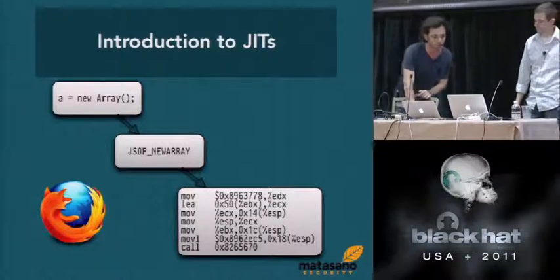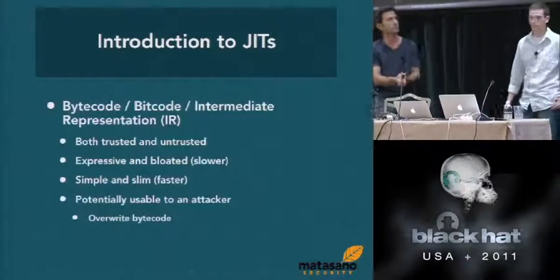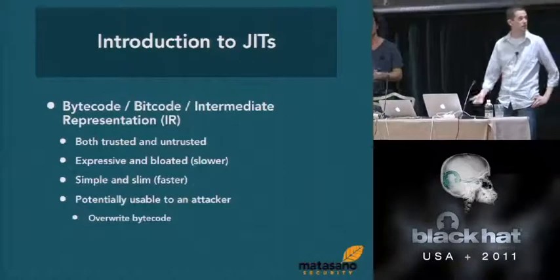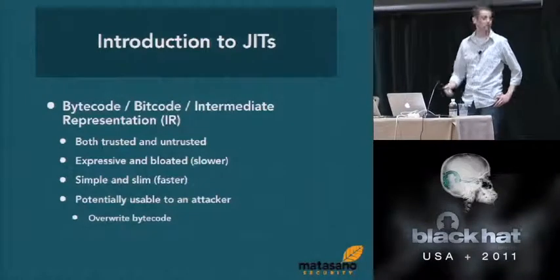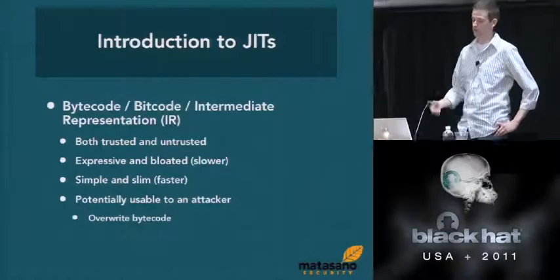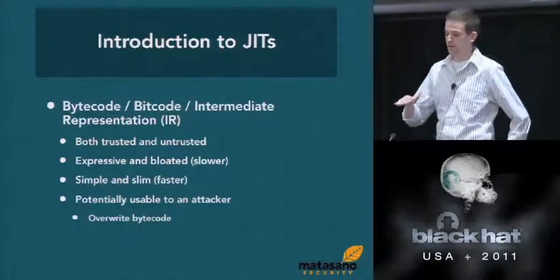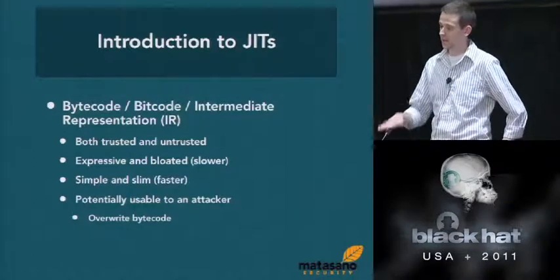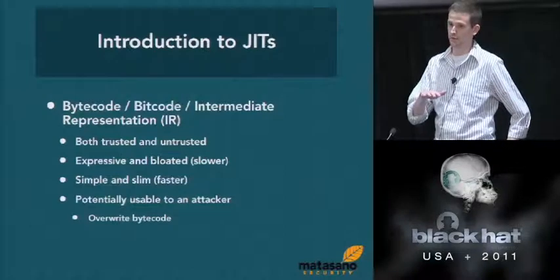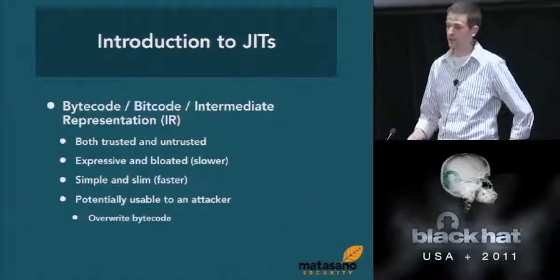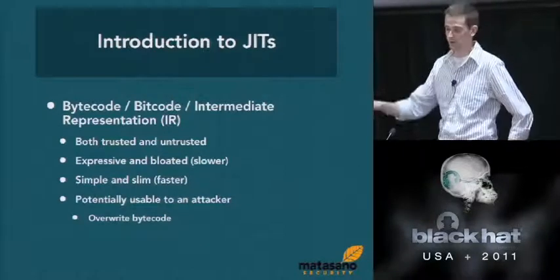We mentioned intermediate representation a few times now, and usually it comes in the form of bitcode or bytecode. It's usually some sort of binary instruction format that's not quite machine level, but not quite source code level. So it maintains a lot of type information, and we'll go into this in a few slides.